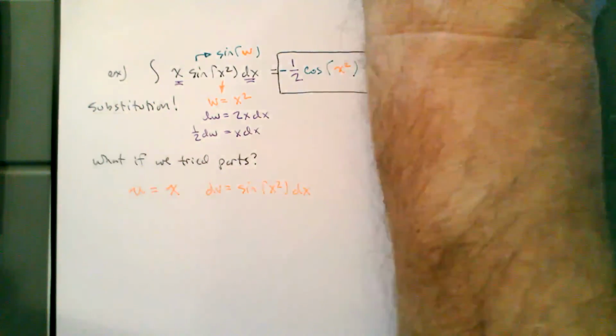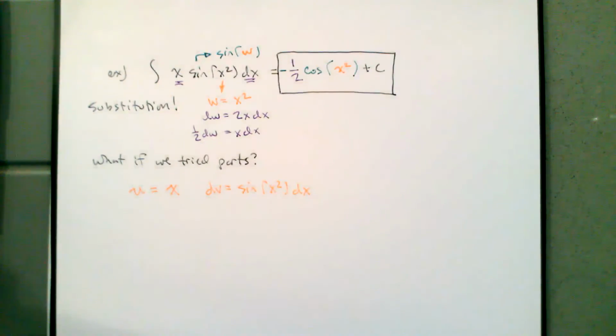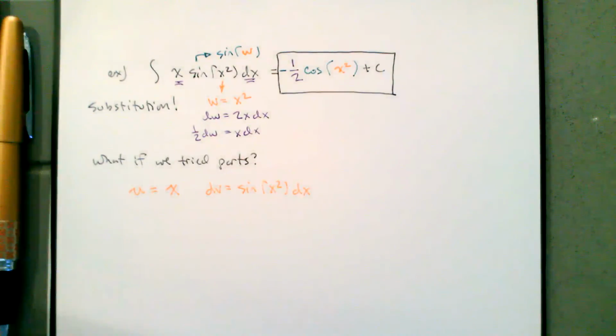And now we've run into a problem. This is not going to work as parts. We have a problem because we don't know what v is. We don't know what the antiderivative of sine of x squared is.